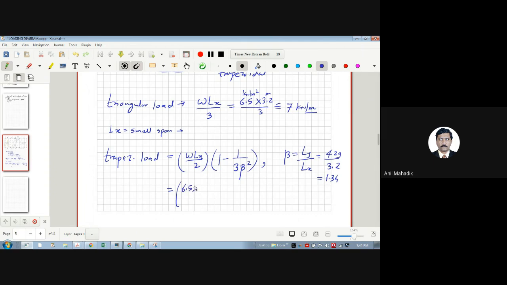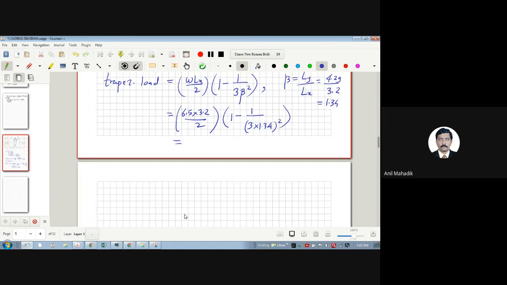Now if you put this in this equation, 6.5 into Lx, 3.2, divided by 2, into 1 minus 1 upon 3 into 1.34 square. How much will this come to? 5.7.